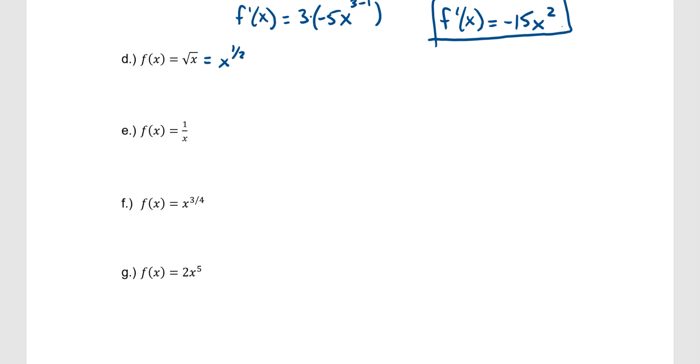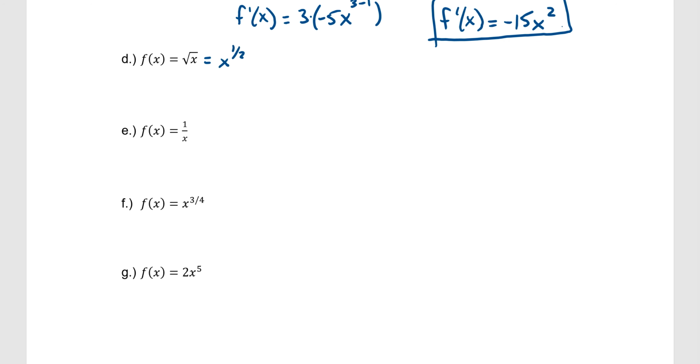That's going to be 1/2 x to the negative 1/2, because 1/2 minus 1 is negative 1/2. And we can write it like this. That's technically fine, or we can write it like 1 over 2x to the positive 1/2. And just to get a final answer here, that's the same thing as 1 over 2 radical x. So any of those are actually 100% accurate. All three forms there all mean the same thing.